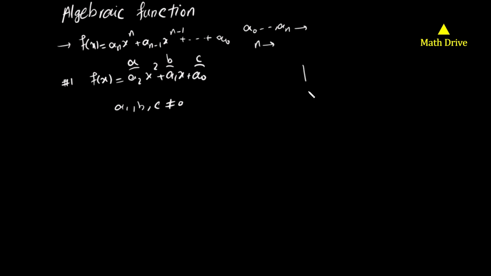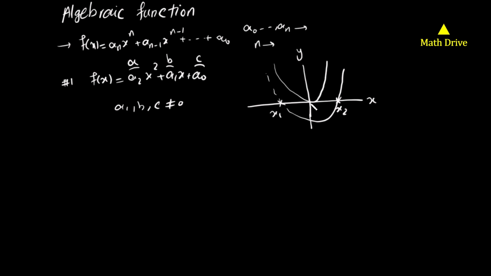If we take a look at the graph of this function, later we'll discuss how to graph these kinds of functions, but just for the sake of the behavior of this function on the xy plane, it can have two roots, meaning two points that hit the x-axis, x1 and x2, or it can hit the x-axis only once, or it doesn't hit the x-axis.